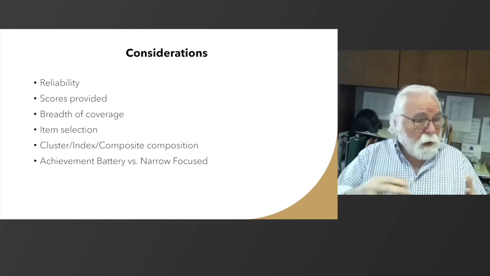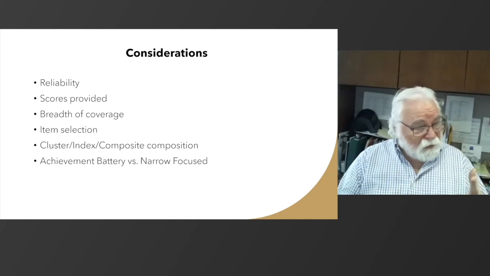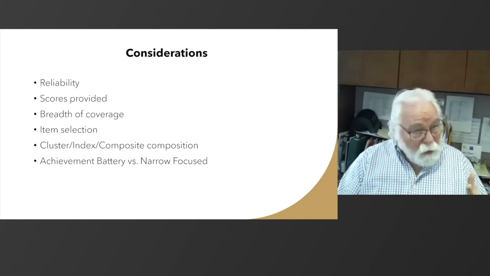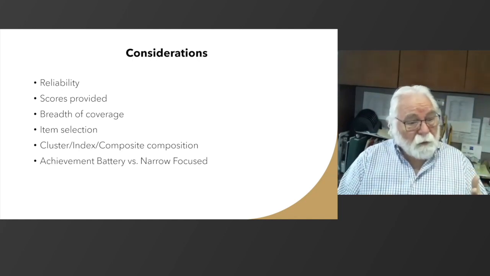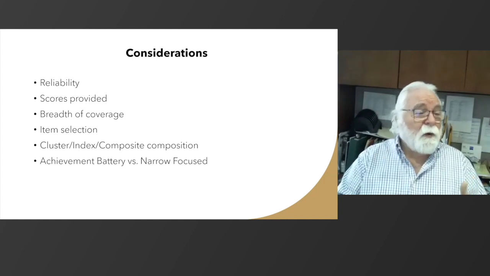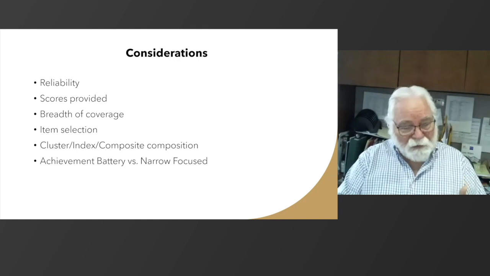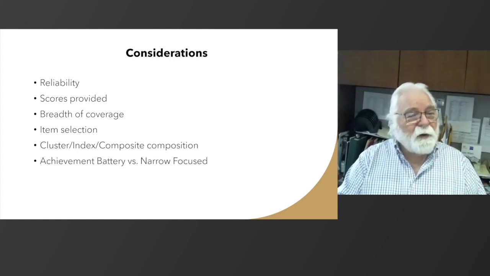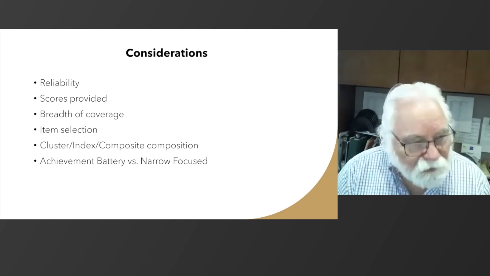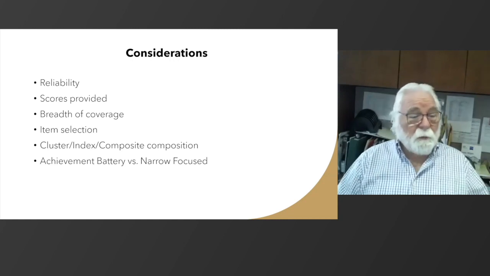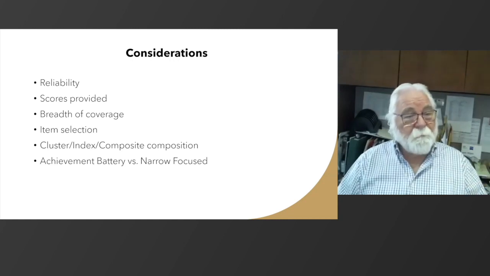So we have two tests. One gives us an idea of how you do with decoding phonetically regular words, and the other how you do with your sight vocabulary, words that you have to have been exposed to and have memorized. Those combine to give you the Basic Reading cluster score, which is a good score because you have two measures of basic reading.